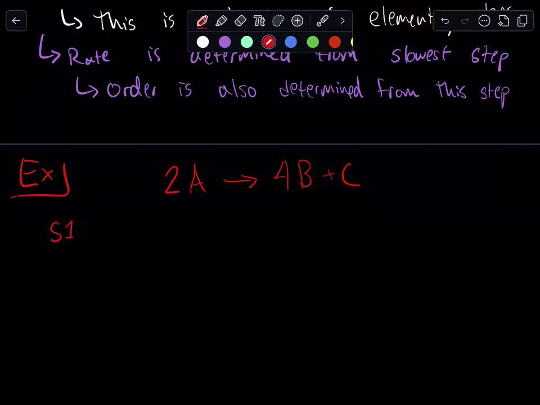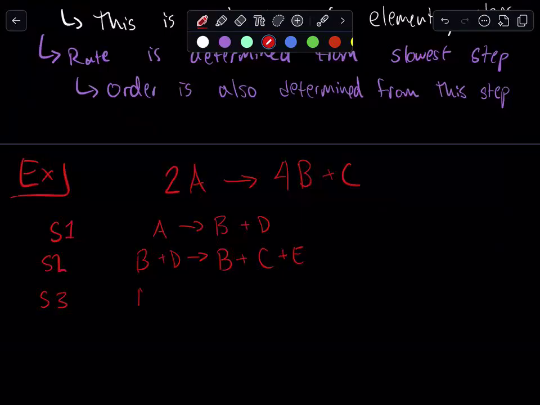So step 1 will be A reacts to form B plus D. Then we'll look at step 2, B plus D, both of those being intermediates, will form B plus C plus E. And then on the last one, step 3, we're going to look at A plus E, and this will form our 2B. And so if we look at this overall, B and D will cancel with B and D.